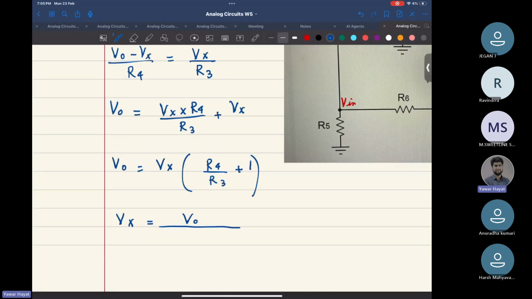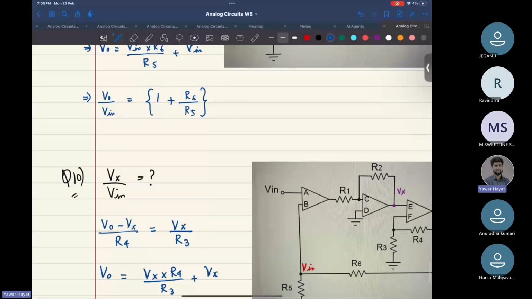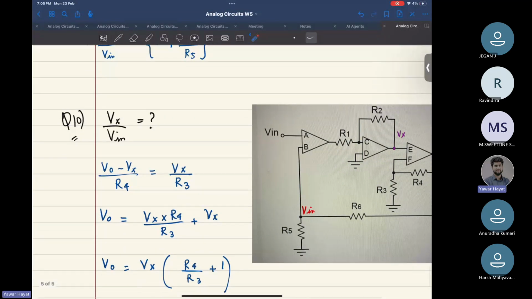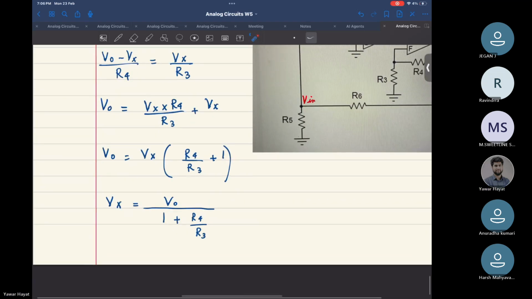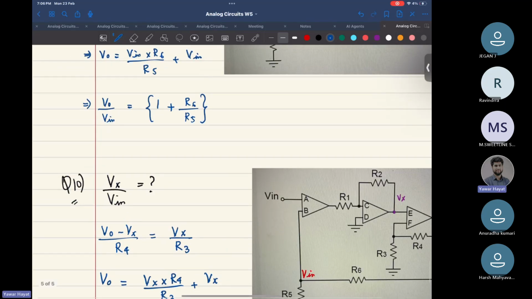VO whole divided by 1 plus R4 by R3. Now, VO I already know in terms of V in from this, right? And I have to write this Vx by V in expression. So I'll use this. What is V out? That is V in times this, right? I'll write this as V in times how much? 1 plus R6 by R5.